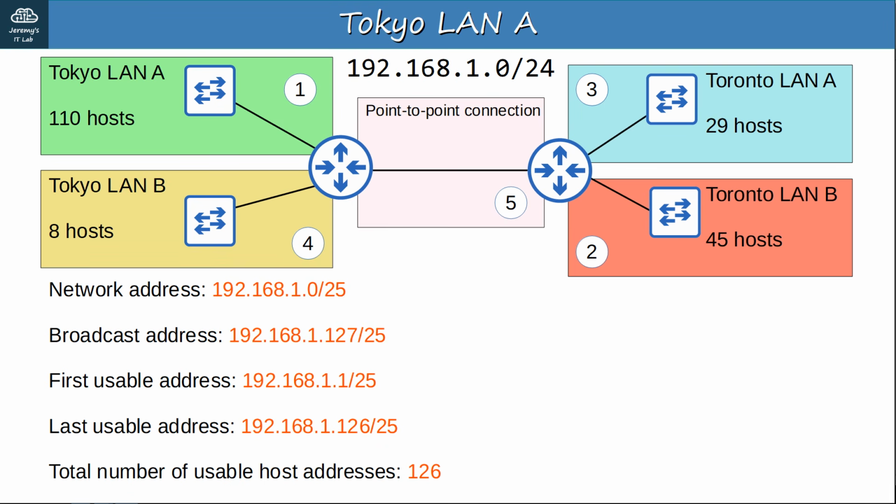The first usable address is the network address +1, and the last usable address is the broadcast address -1. And as I just mentioned, 7 host bits allows for 126 usable host addresses, which is 2 to the power of 7 minus 2.